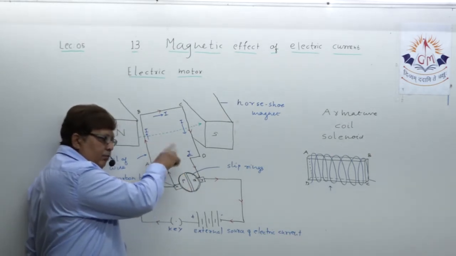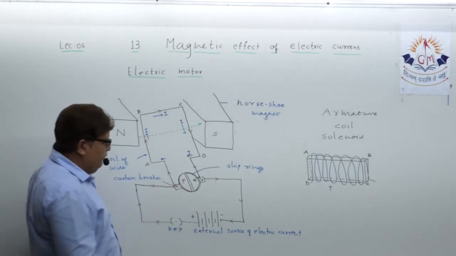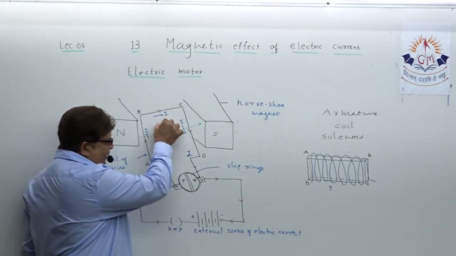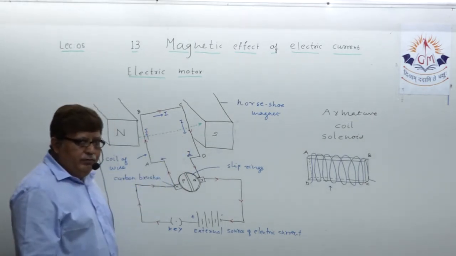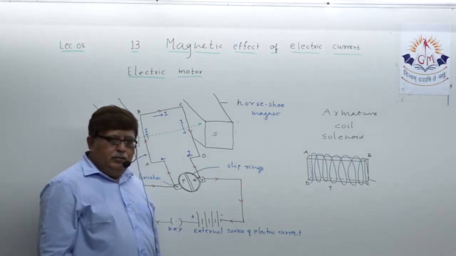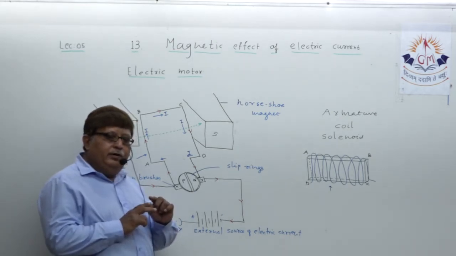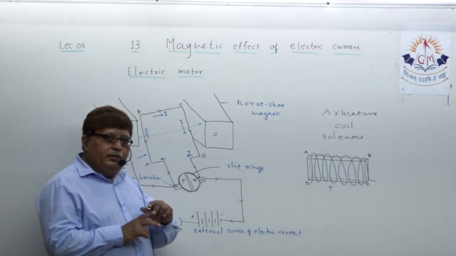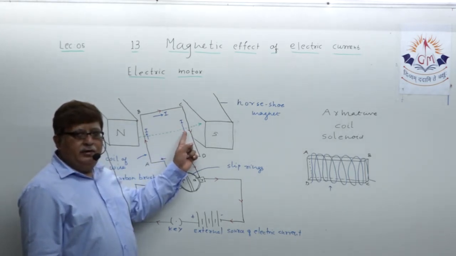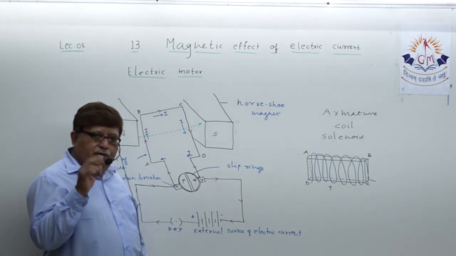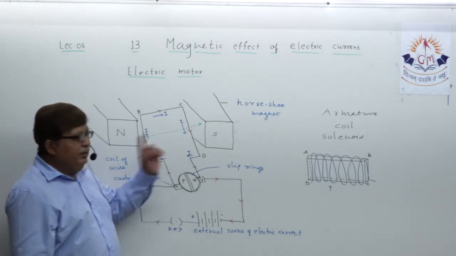Axle means around which this coil of wire can rotate. I am not showing the axle. Actually, the axle is that center arrangement on which the coil of wire is going to rotate. But one thing has been clear, that the mutually perpendicular combination of magnetic field and electric current is actually realized only on the two ends of the armature, AB and CD.